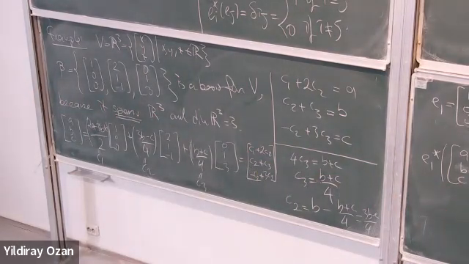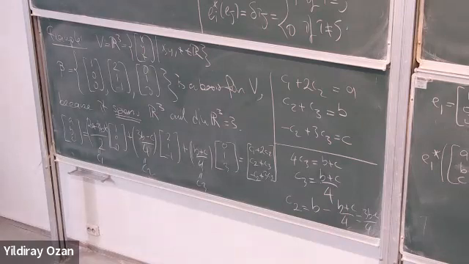Since this is linear, this is just C1 times E1 star of E1, C2 times E1 star of E2, and C3 times E1 star of E3. But I know that this is 1 and this is 0 and this is 0 by definition.